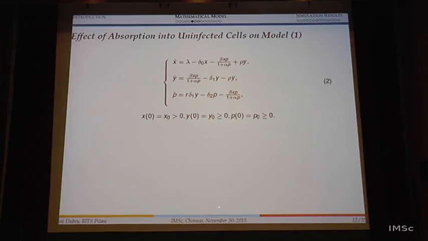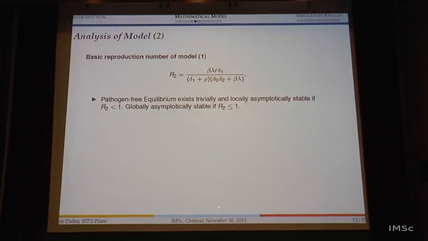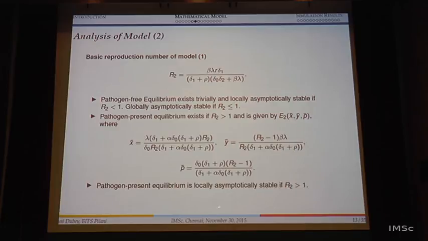This beta xp upon 1 plus alpha p is a loss of pathogens term which we have incorporated. All the other things are the same in this model except this term. Then we computed the reproduction number for this one also and did the stability analysis. We found that this reproduction number is lesser than the previous one.